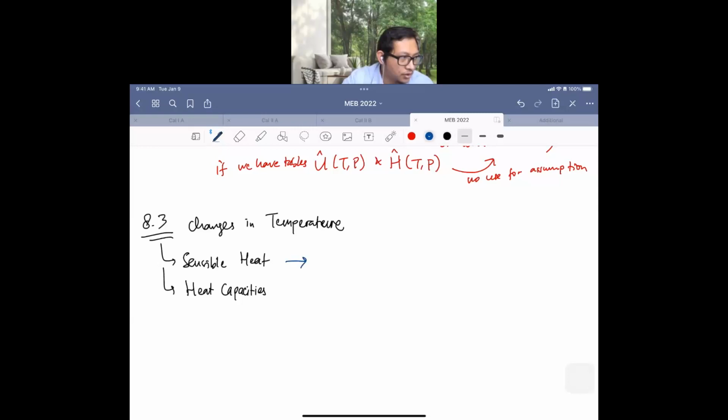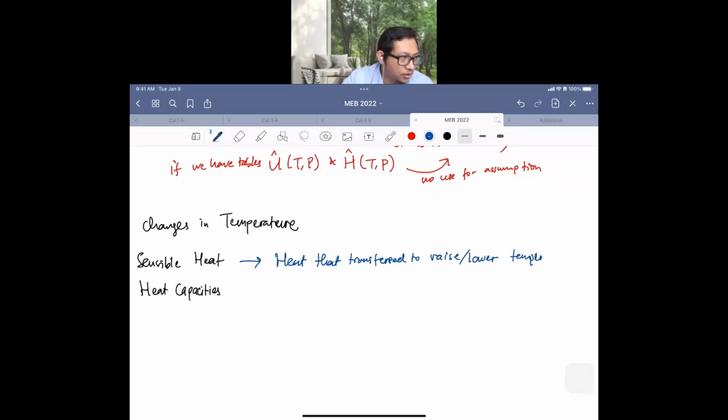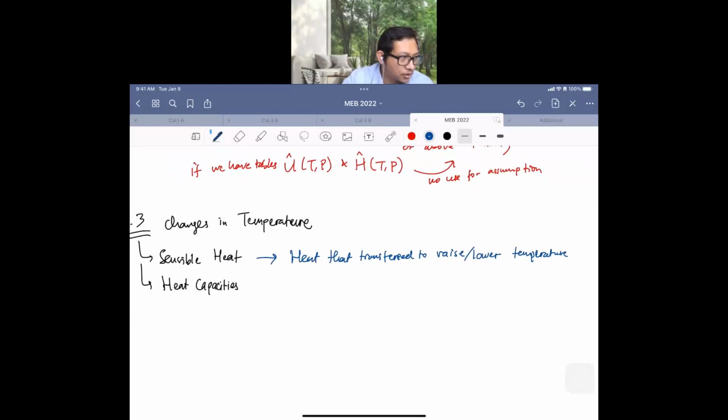It could be described as heat that is transferred to raise or lower the temperature. I believe it should be very clear from the word: sensible means that it can be sensed. You can measure the heat, or you can measure the temperature. So heat that can be tracked through some measurements is sensible heat.